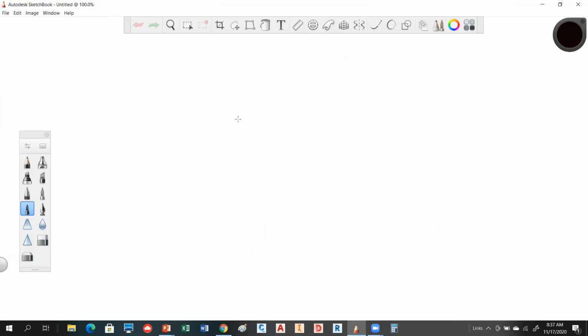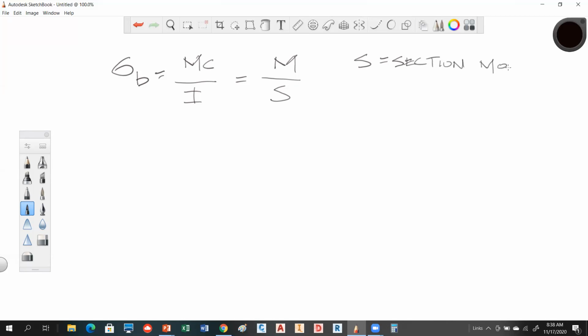So for the bending equation, we know that bending stress is your applied moment, M, times C over I. But you'll also notice on the top of page 413, they have another equation here that says M divided by S. S is defined as what they call a section modulus.